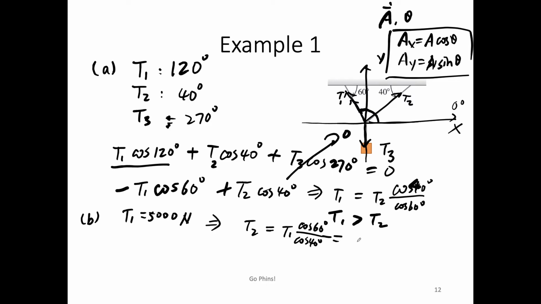Plugging in all the numbers, we find T2, and this is from the x direction. Now I found out what T1 and T2 are.